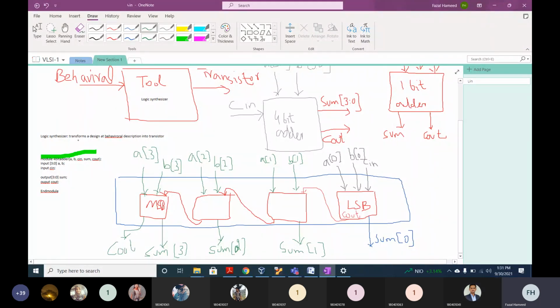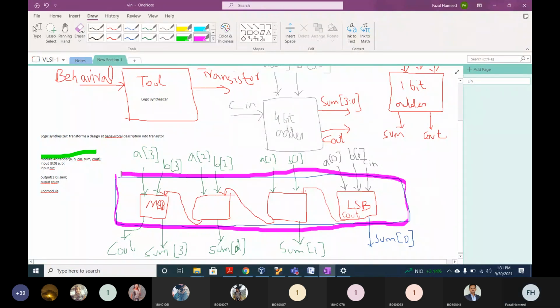So if you look at this 4-bit adder at a very high level, this box highlighted in purple color, can you hear me?